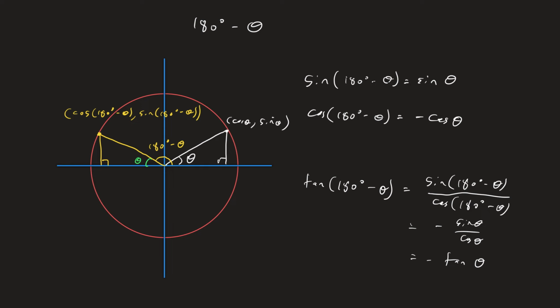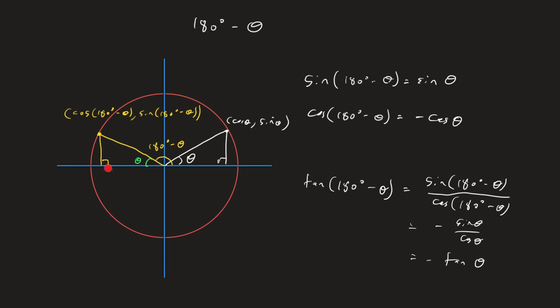Next, we look at the 3 symmetries we need for solving today's problem. The first one is, can we evaluate sine or cos of 180 degrees minus theta given sine or cos of theta. This is the relevant diagram here. I've got one angle theta for my white triangle and another angle 180 degrees minus theta gives me my yellow triangle here.